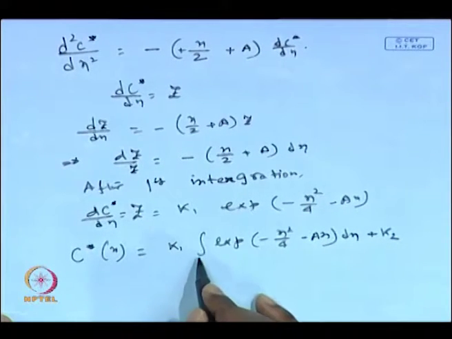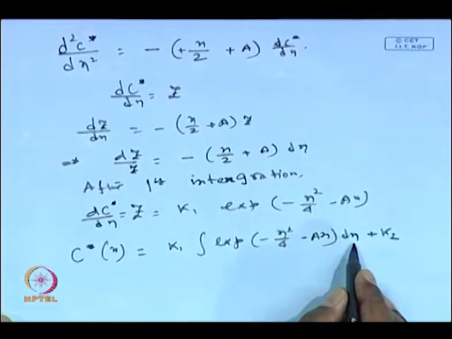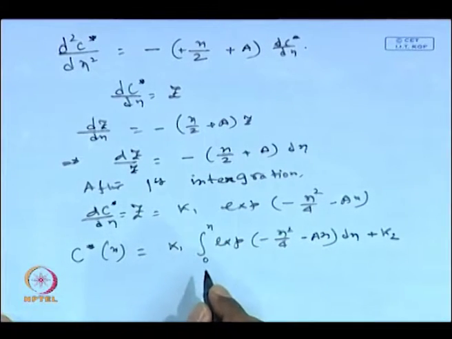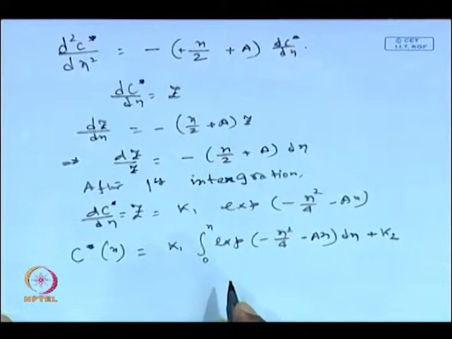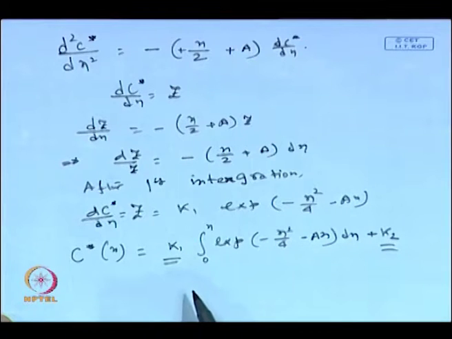This integration is over the variable eta, and since the minimum value of eta is 0, the integration implicitly runs from 0 to eta. Now, you have the two boundary conditions that we just discussed in the last slide, and using them one can evaluate these two constants of integration. Let us look into the boundary conditions and evaluate k1 and k2.